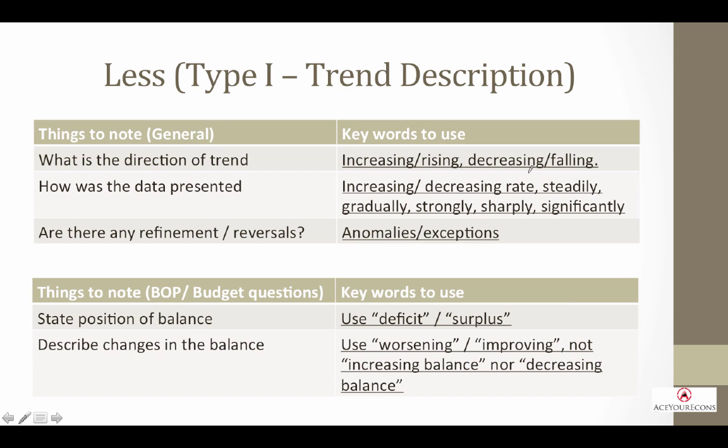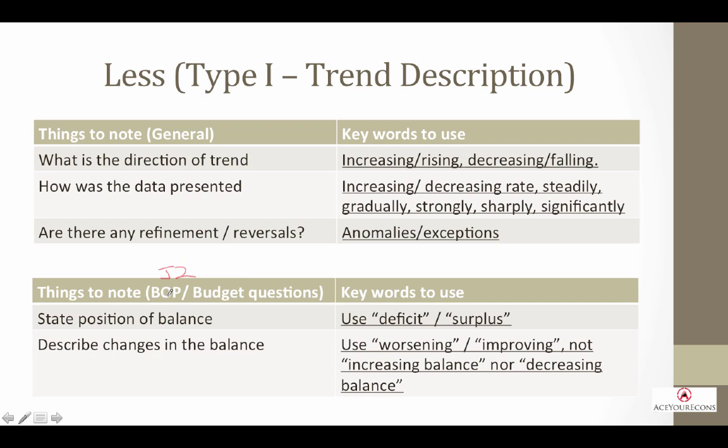The second part of the question actually revolves around BOP. BOP and budget questions belong to J2 students. Some J1 students may learn this, but it is mainly J2. If you are a J1 student watching this video and you don't understand, never mind, just try to understand.